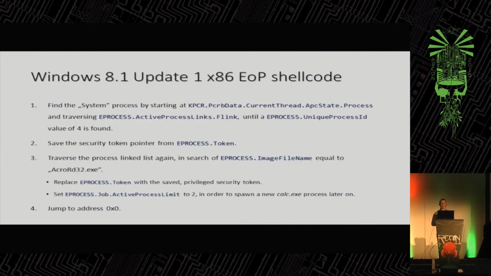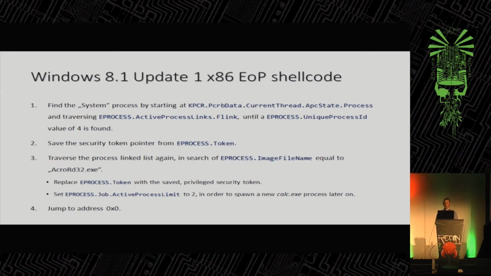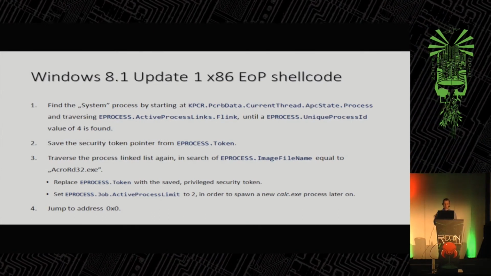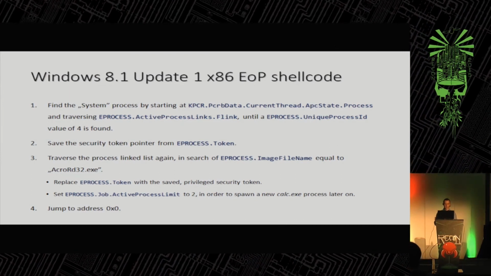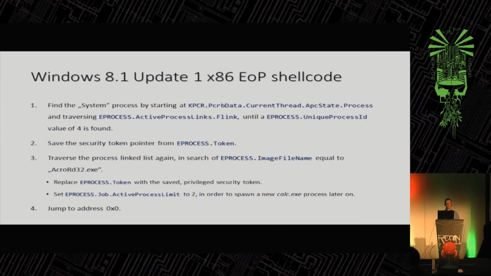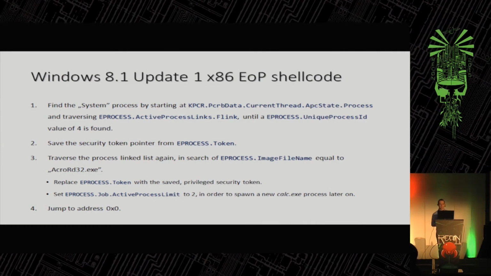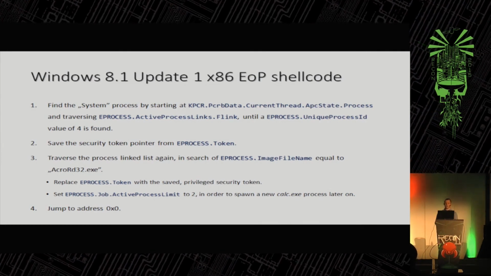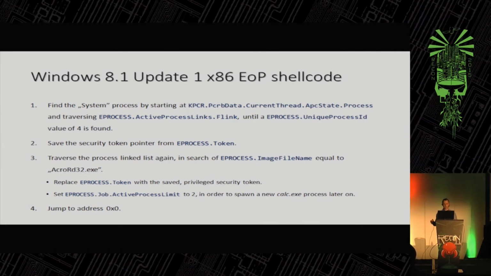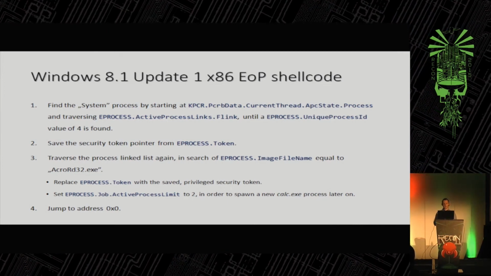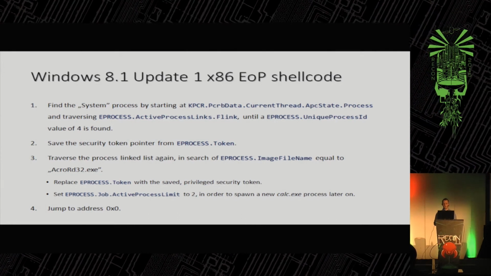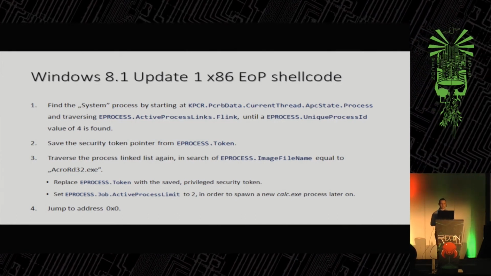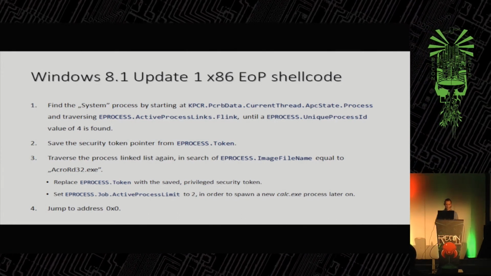So what we have to do now is just write the EOP shellcode itself, and it's just about, as I said, traversing several kernel mode structures and replacing some pointers. The only interesting thing that I didn't mention is that if we want to spawn calculator, we also have to change the active process limit assigned to the job to more than one, because otherwise we will not be able to create another process within the job.